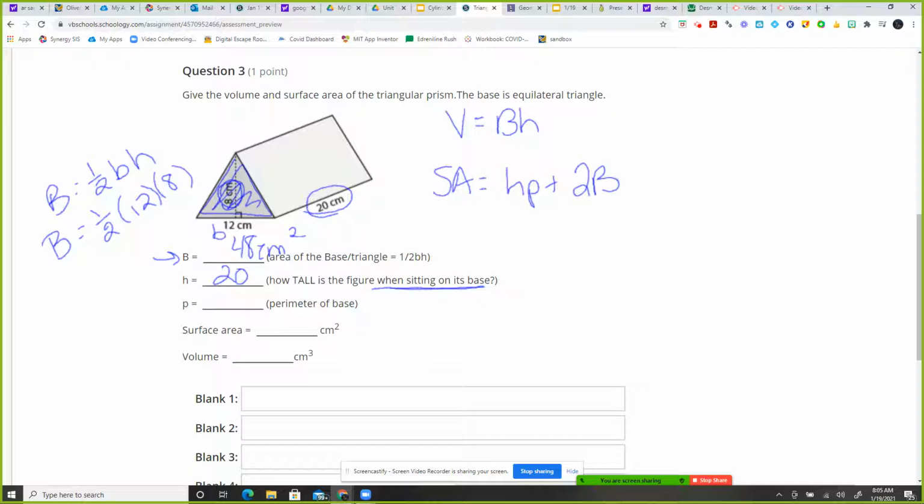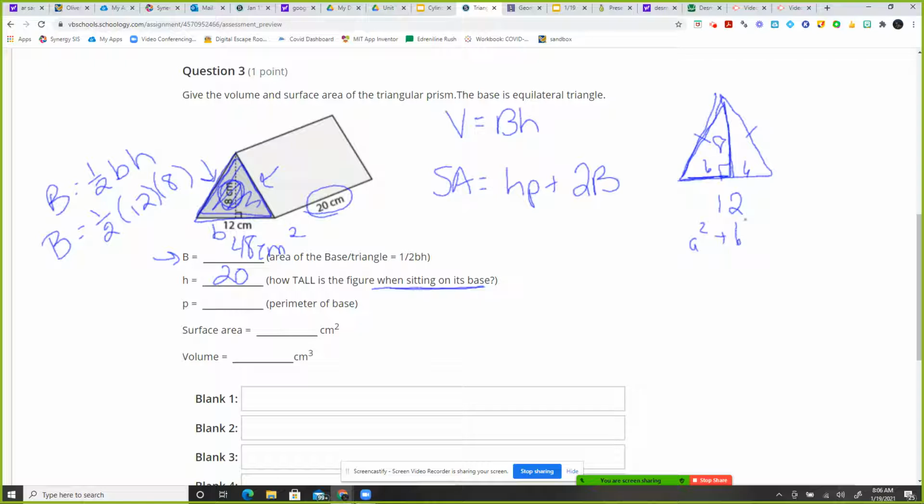The perimeter is a problem though. So the perimeter is this distance all the way around, and we don't know these numbers, right? So if I draw that triangle over here, it's going to be isosceles. If this whole thing is 12, then each of these are 6, and the height is 8, and that's a right angle. So if I've got legs of 6 and 8, how do I find that diagonal? Can I do Pythagorean theorem?